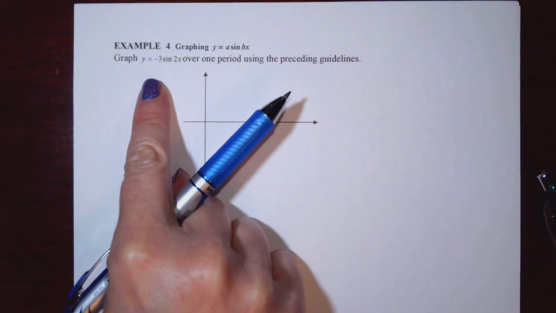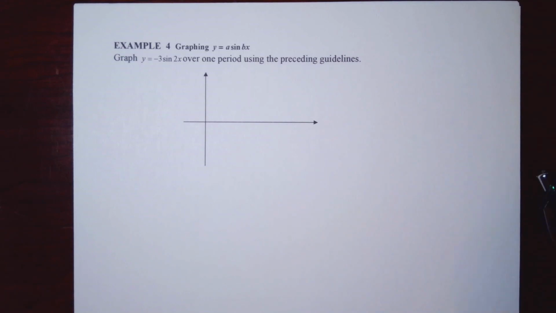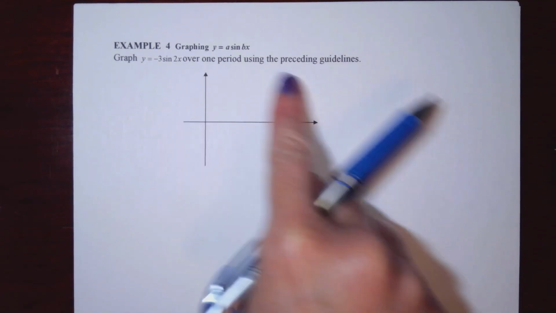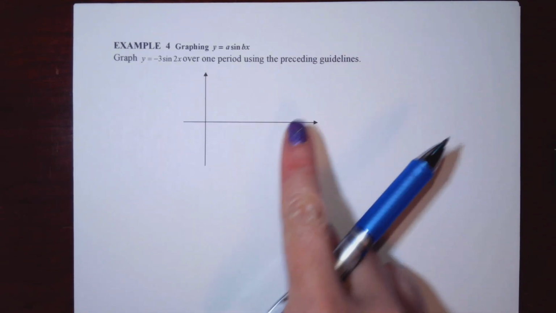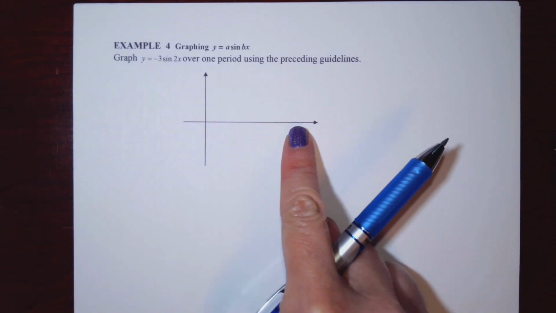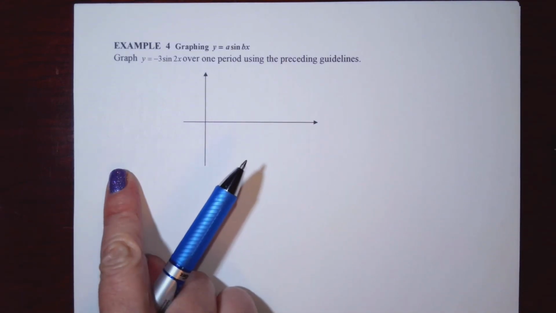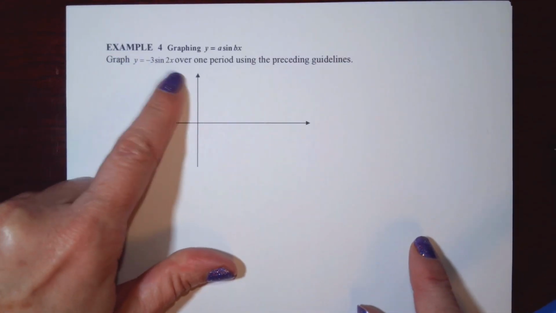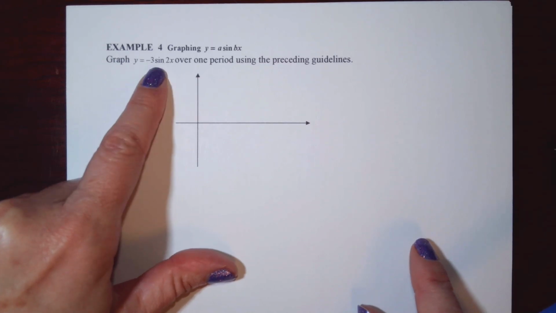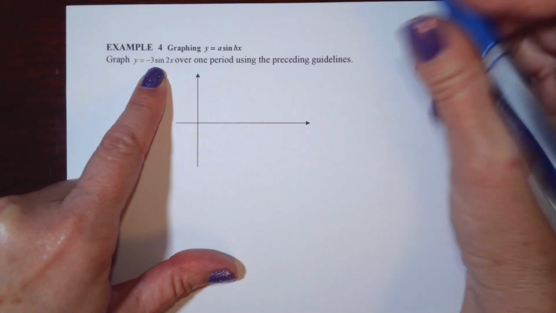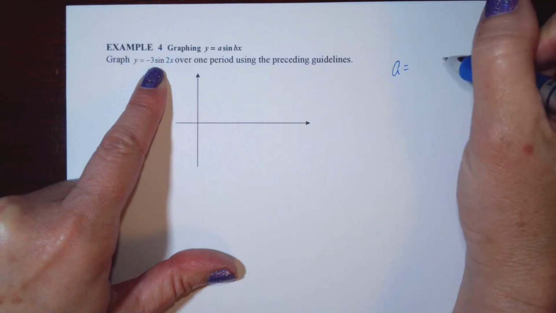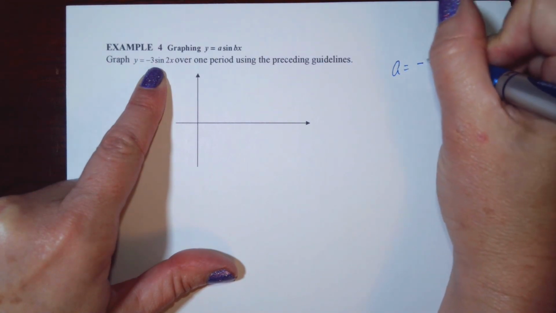Here we have sine. We're graphing over 1 period. So you can see that I've just set it up with the assumption that we're going to be graphing in the positive direction, and we're not going to worry about going back the other way. So I've got 2 different adjustments, 2 different transformations as part of my function. Value for A is -3.